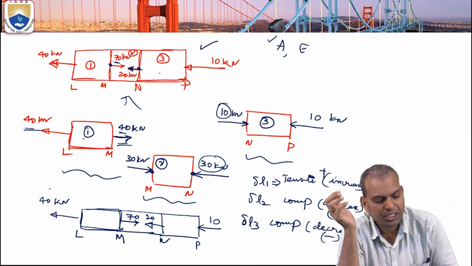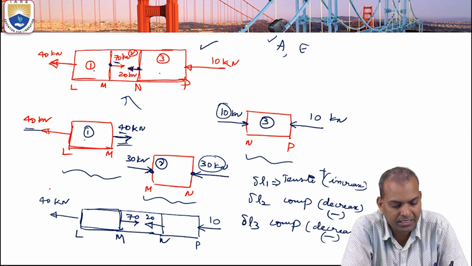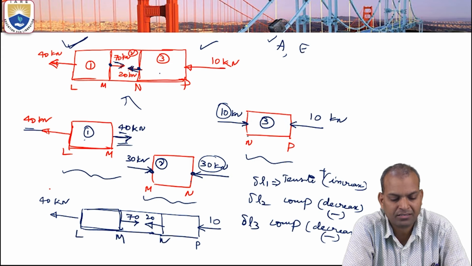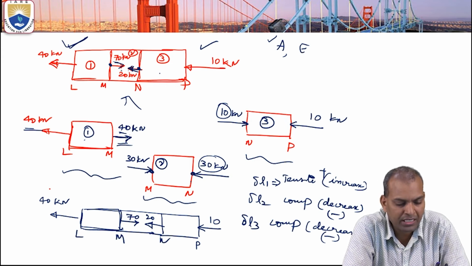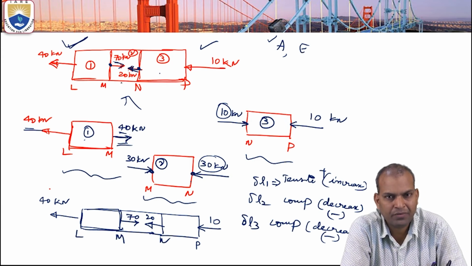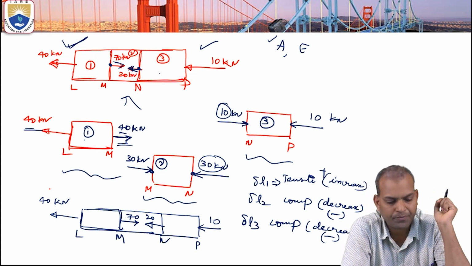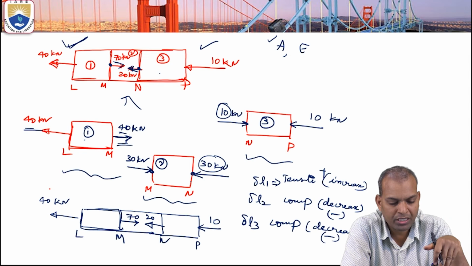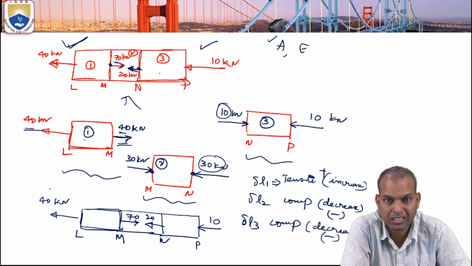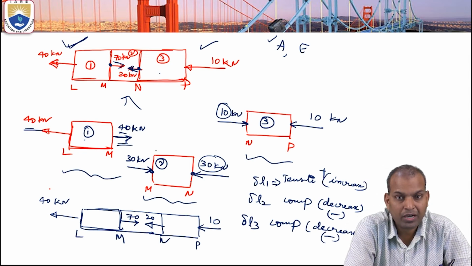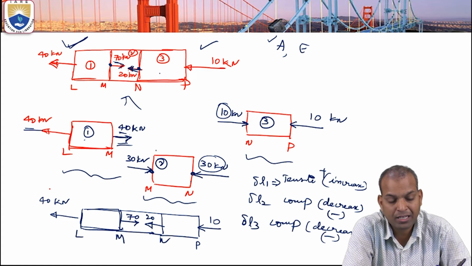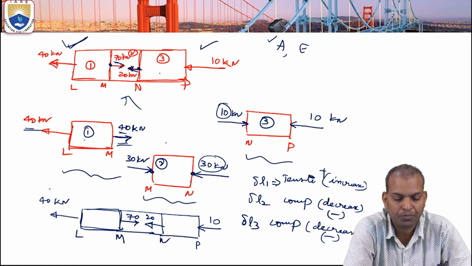Now here, section 1. By considering this diagram, you can see what forces are acting. The compressive load is acting, but we can't define the exact values unless we draw the free body diagram. After drawing the free body diagram, we can know what forces and what values of forces are acting on section 2.